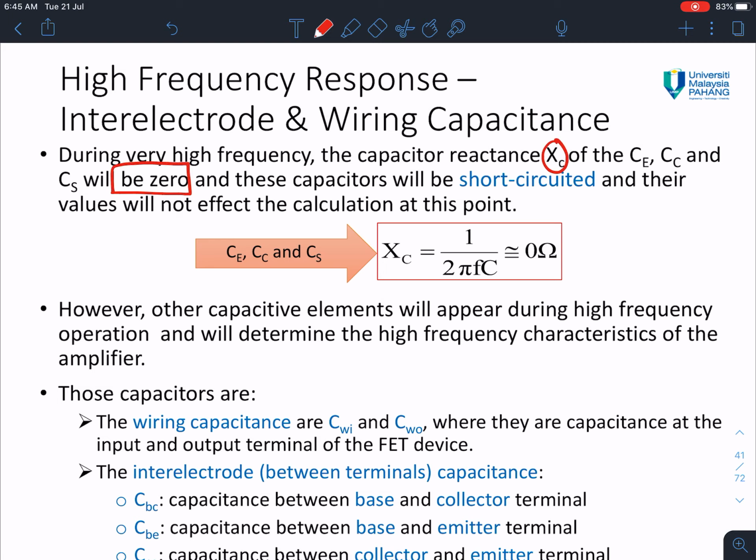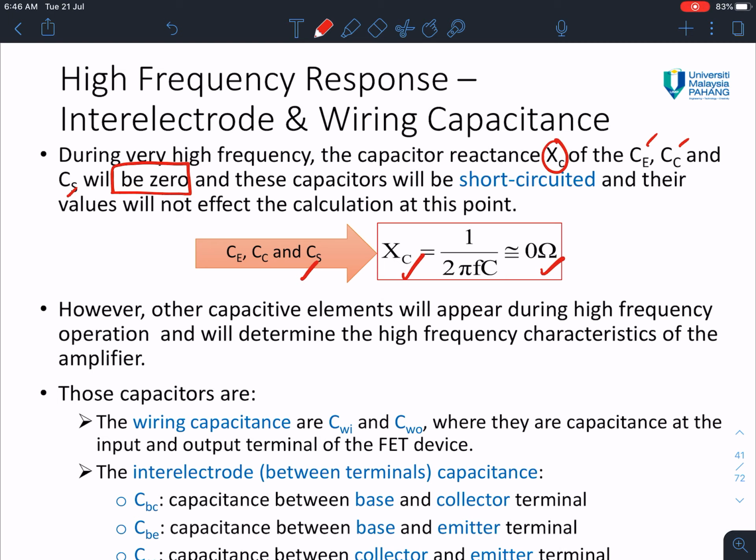It means these capacitors will be short circuits and their values will not affect the calculation at this point. So in the AC equivalent circuit, there are no capacitors for CE, CC and CS anymore, because they have been converted into short circuits.